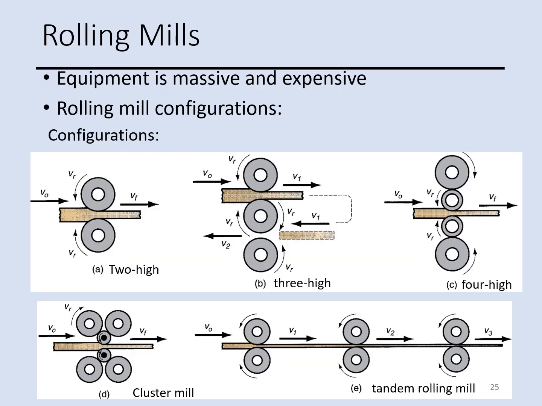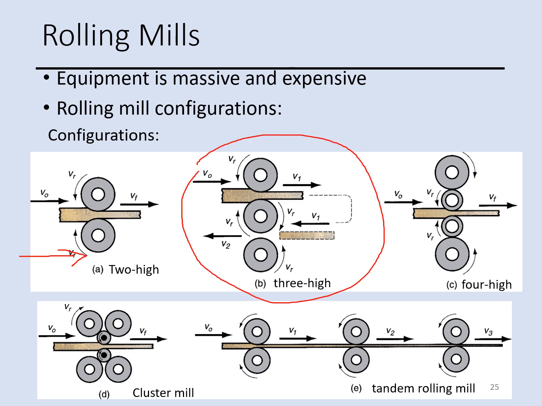Most rolling processes are very capital intensive and they require massive pieces of equipment, and they are called rolling mills. They have various types. One is two high, where we have two rolls, or three high, which is this one.